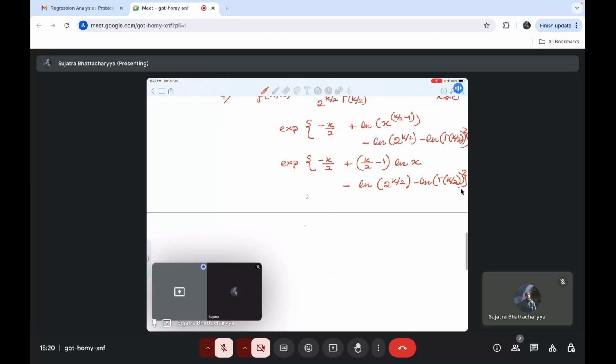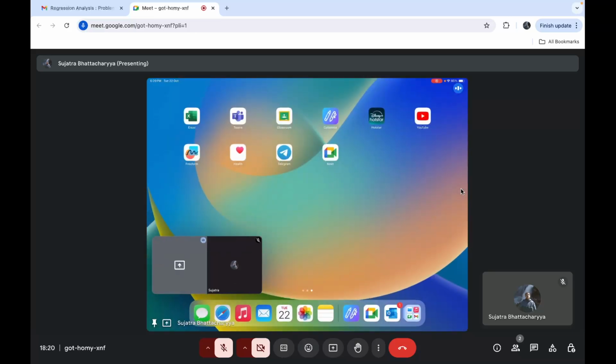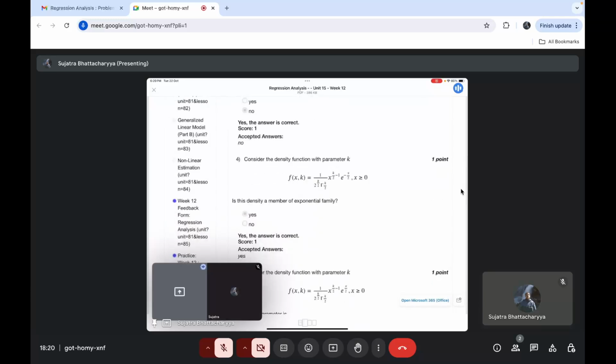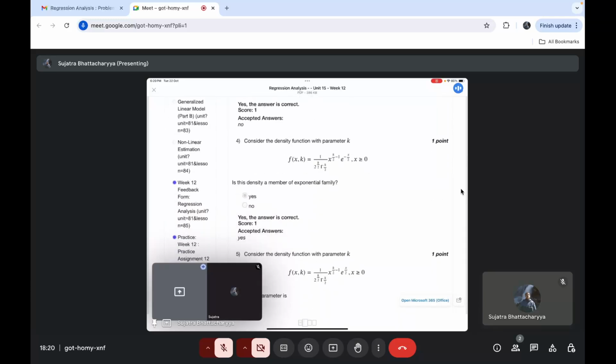So yes, it can be reduced, so it is falling under the exponential family, which we have seen also in the gamma distribution. It happens to be a member of the exponential family. Okay, so this is the fourth question. If you see, yes, it is a member of the exponential family.